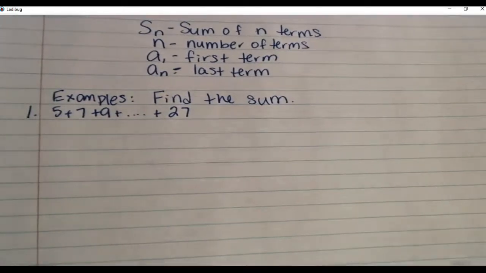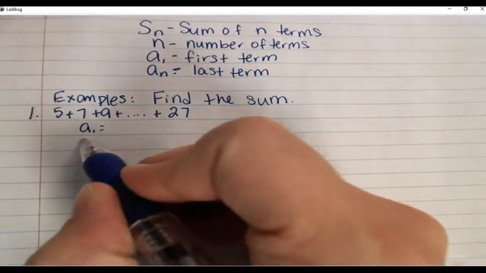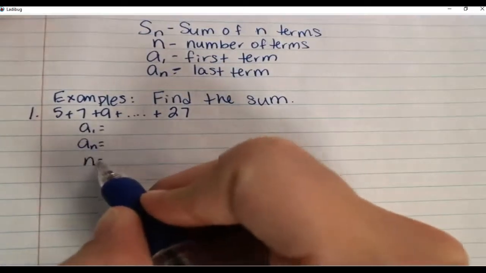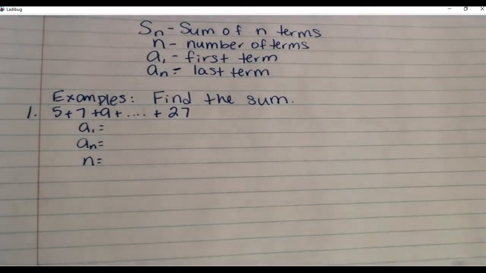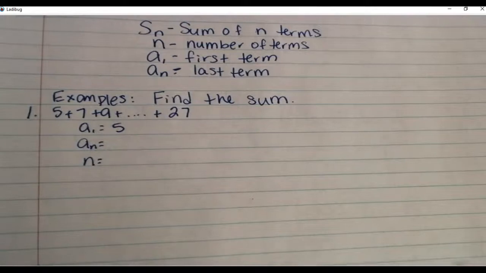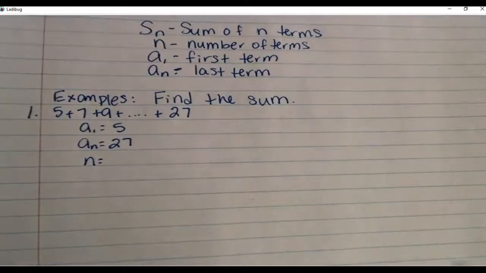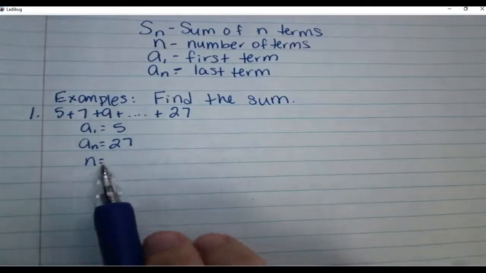So in order to find the sum, we need our 3 things. We need a1, we need an, and we need n. Well, what is a1? 5. What's an? 27. But do I know which term that 27 is? No. So I don't know if it's the 18th term or if it's the 7th term. I don't know. So we have to find that n value.